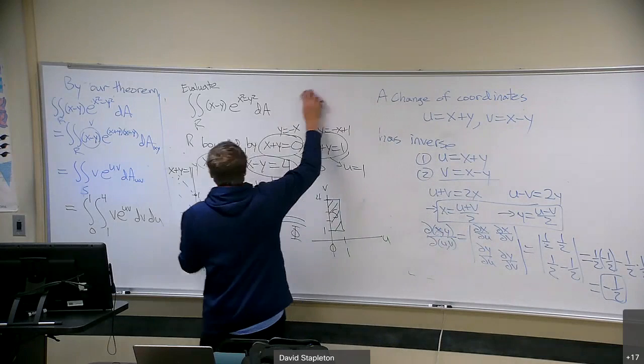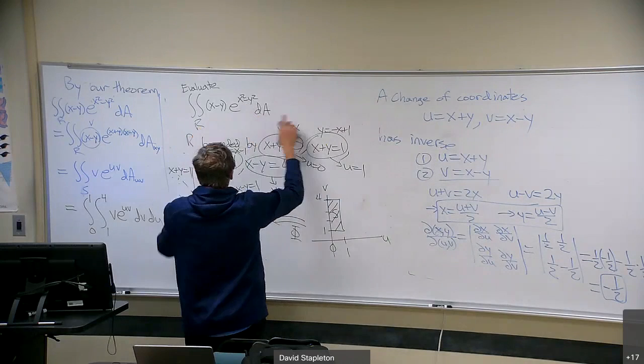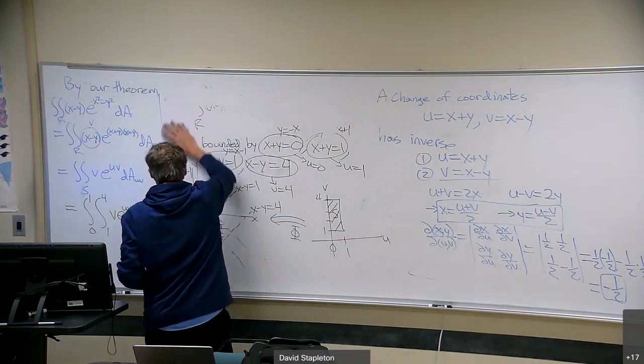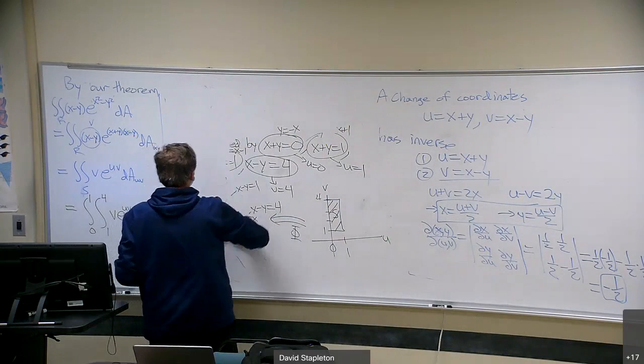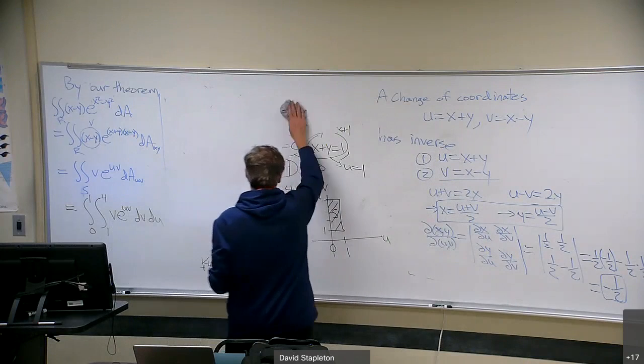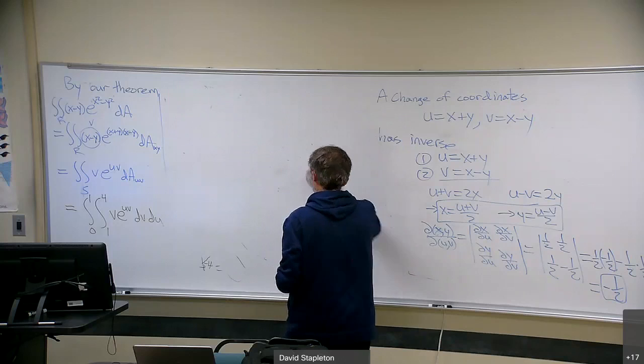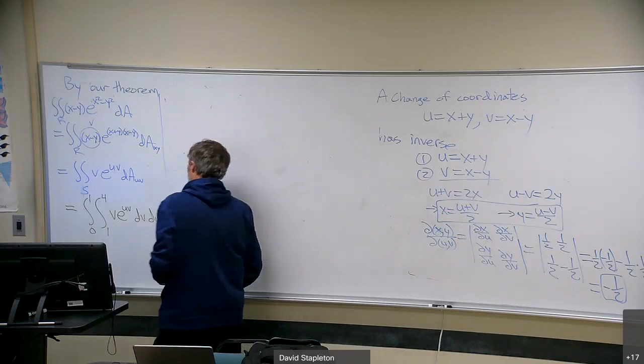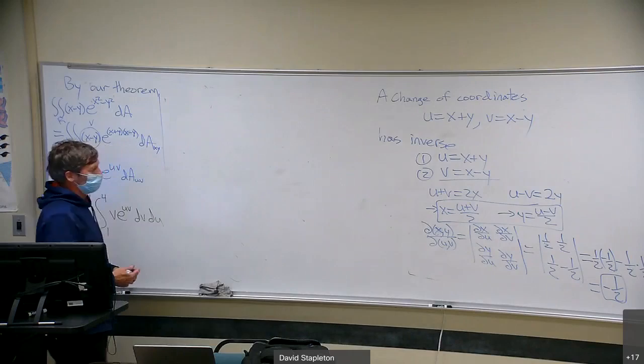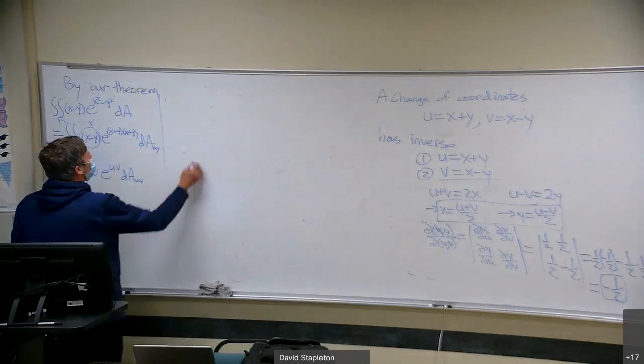Integration endpoints are easier, and because this happens to be simpler in u and v, the integrand actually also simplifies. So you kind of have to still be a little lucky for this to work both for the integrand and for the endpoints. But you know, sometimes you get lucky. And sometimes even if you don't get real lucky, you can still make it easier, right?